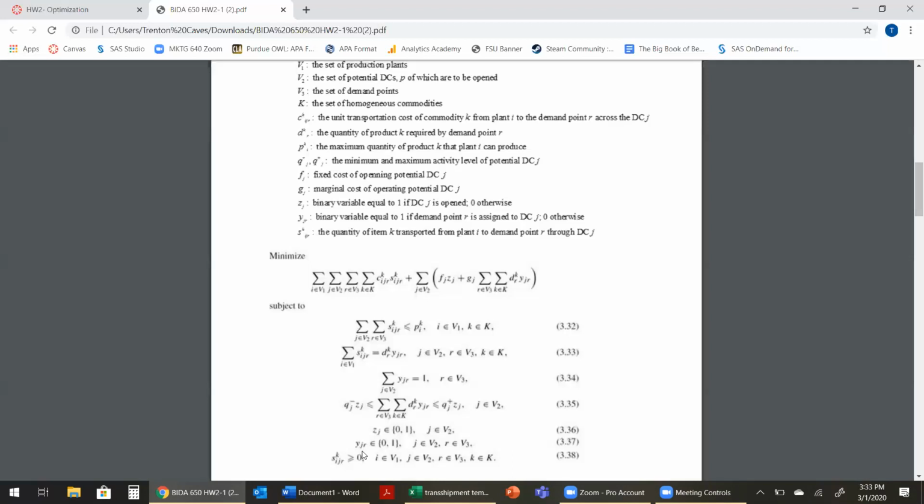She didn't ask for explanation on that one, but it's the same thing: does the distribution center supply the demand point?